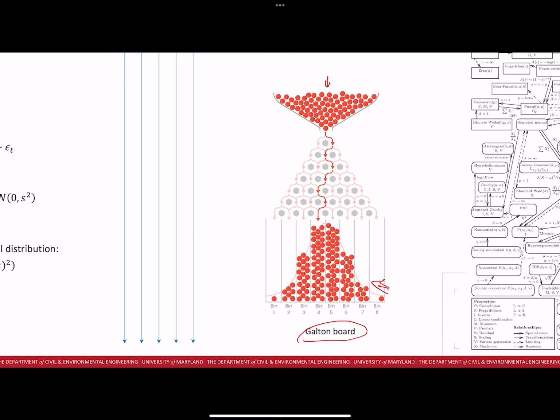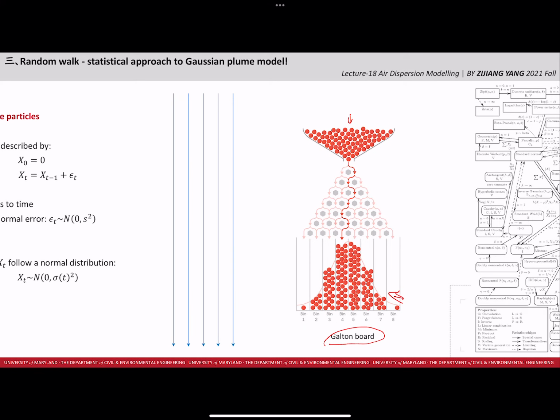Do you guys remember what this distribution is? Normal distribution? Any other? Gaussian distribution? Yeah, I would say this is good. This is good because when we are talking about this, we want to relate this to normal distribution. But this is a binomial distribution, right?